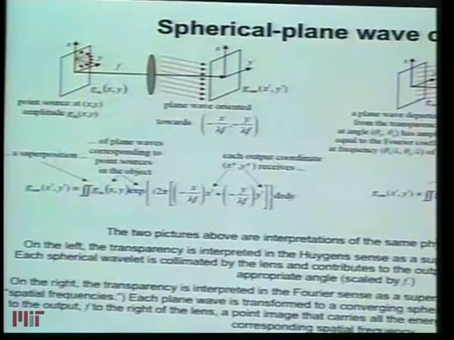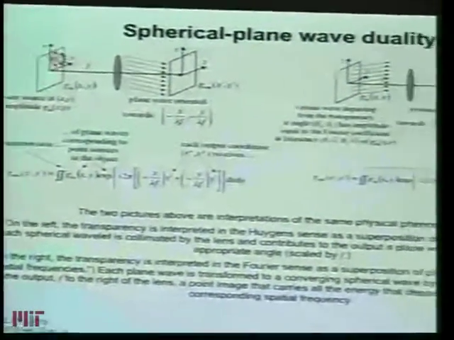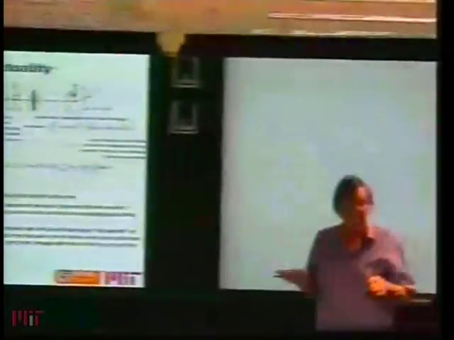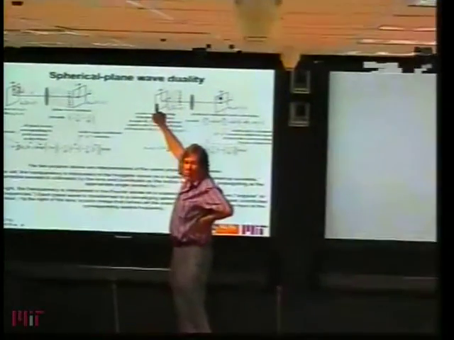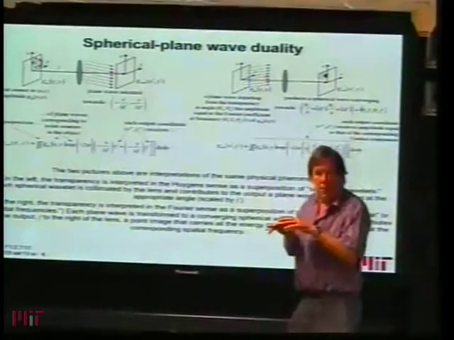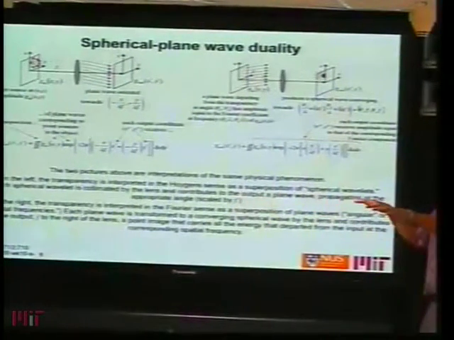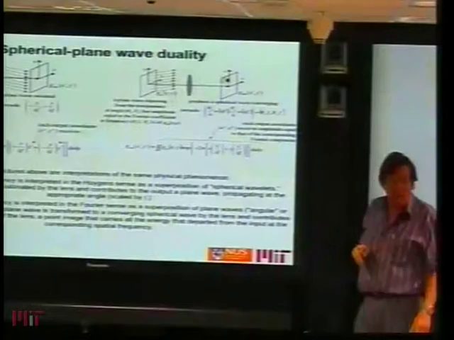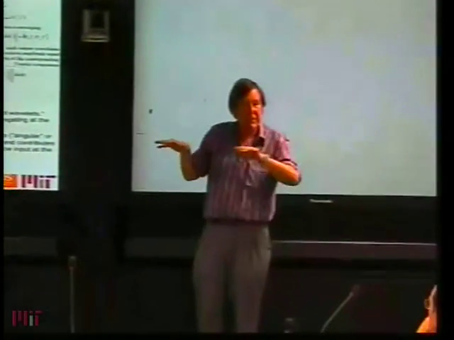This way you're thinking of the object as going to diffract. If you imagine the transparency as being like a grating, it produces diffraction. It produces grating orders. For example, if this was a very simple case of a sinusoidal grating, you'd expect it to produce some grating orders, and these grating orders correspond to plane waves traveling at particular angles.